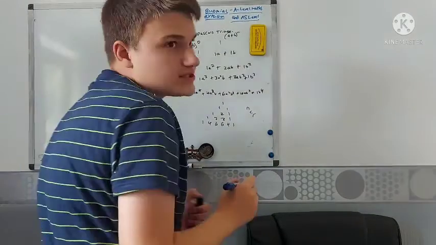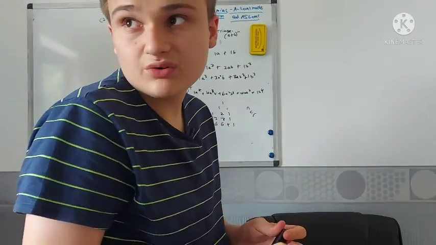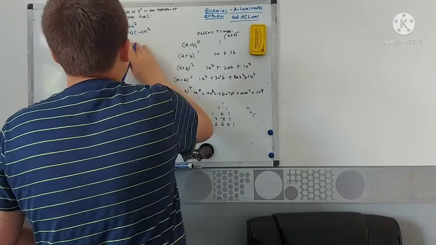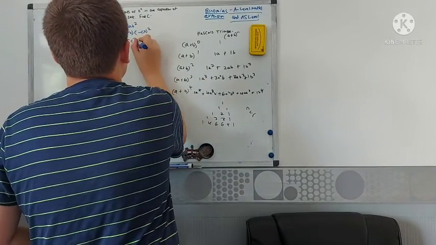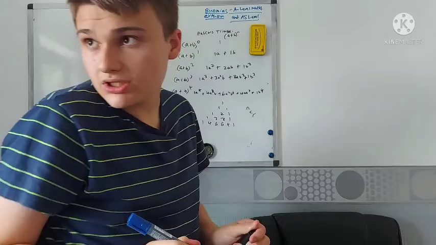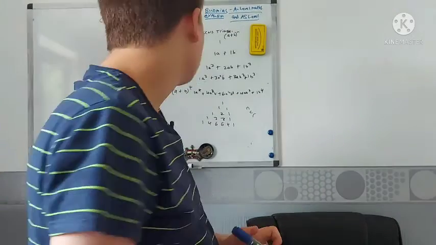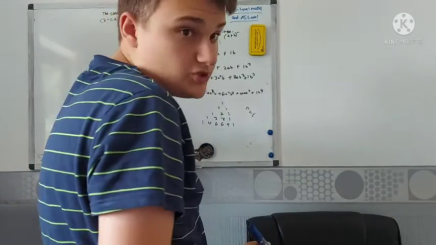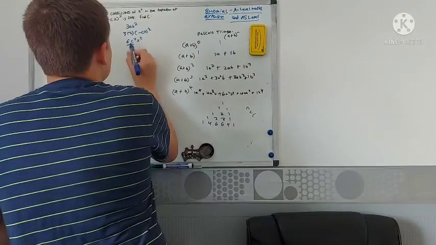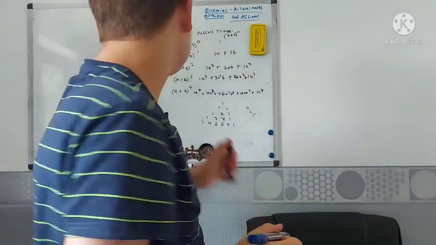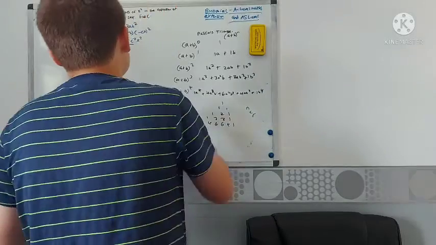So I get 6. Now minus c times minus c will give us a plus c squared, so I get 6c squared x squared. So the coefficient of the x squared is 6c squared. Well, what's the 6c squared equal to? It's equal to 294.